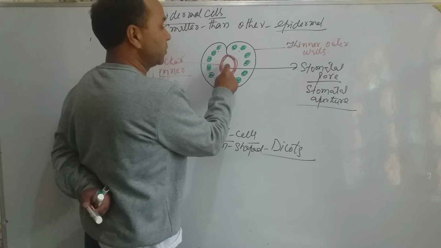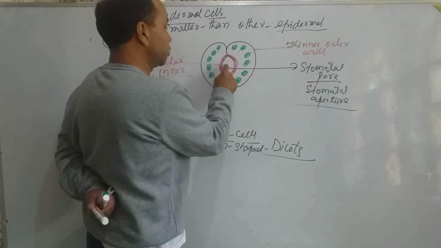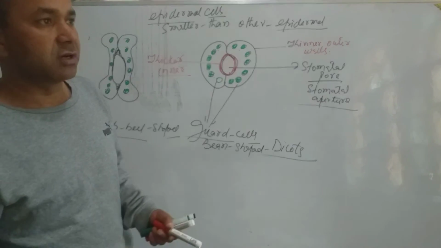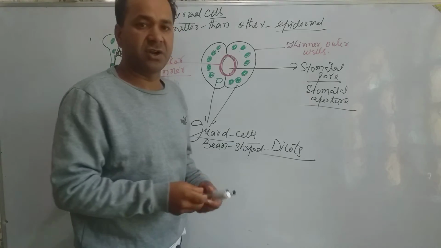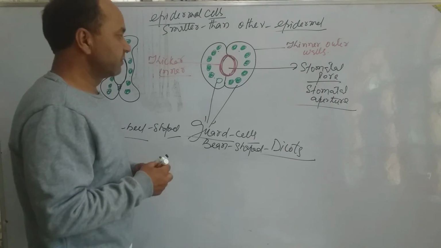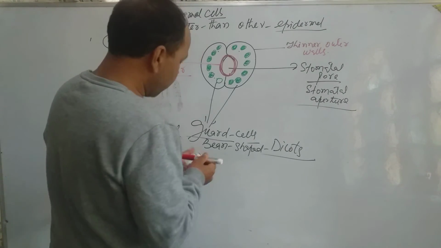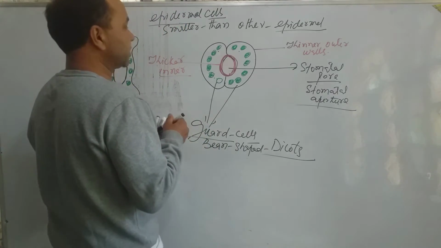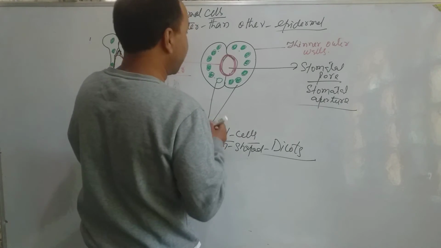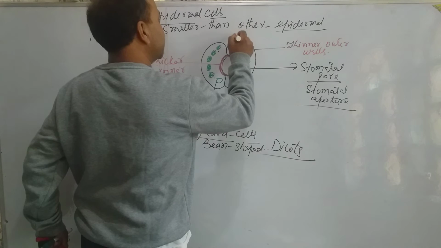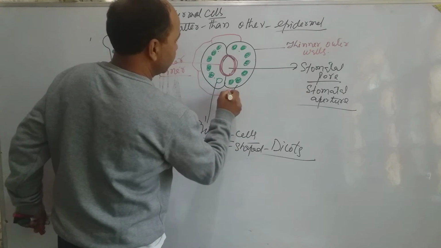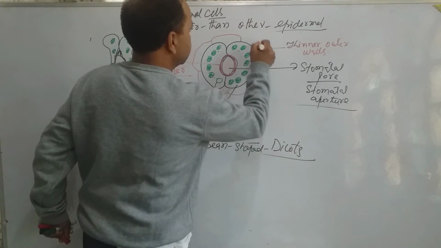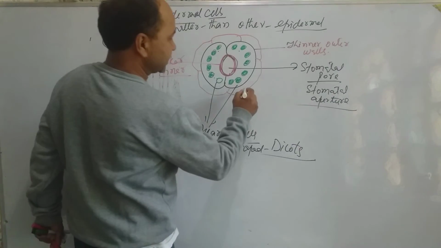This is the stomatal pore, through which the exchange of gases occurs and through which the transpiration of water takes place in the form of water vapors. These guard cells are also surrounded by a special type of other epidermal cells, which also differ from other epidermal cells and are known as subsidiary cells.